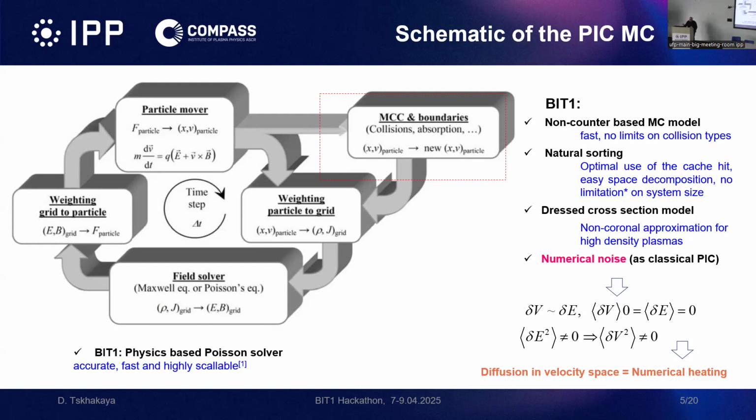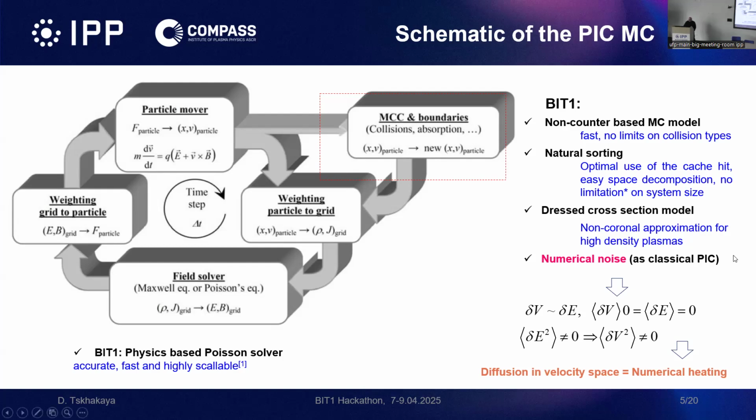And of course, we also have disadvantages. All the classical codes have numerical noise. In any classical particle-in-cell code, you have numerical noise at any time. Even some codes that are energy conserving have energy non-conservation unless you correct this. It's very easy to demonstrate, because velocity is proportional to the electric field. The average of these values, velocity, and also the oscillation of the velocity as well as the electric field, are zero.